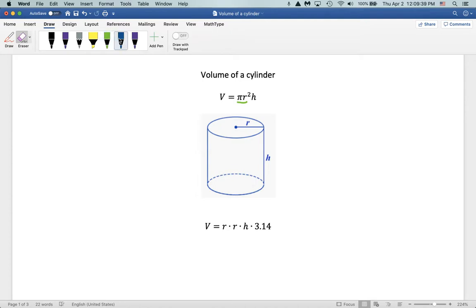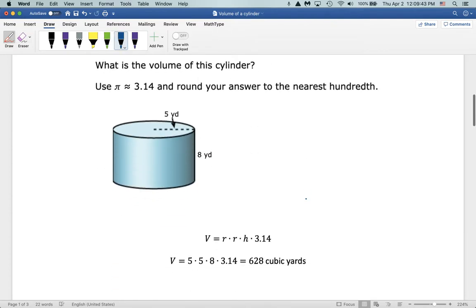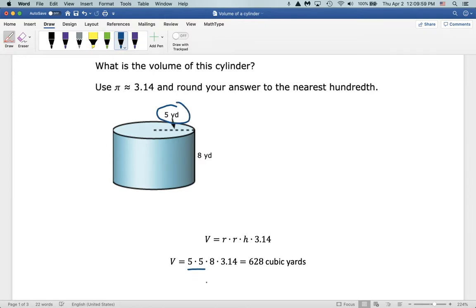So let's look at a simple example here. We have a cylinder that has a radius of 5. It has a height of 8. All I need to do to find the volume is take this radius and times it by itself, that's 5 times 5.